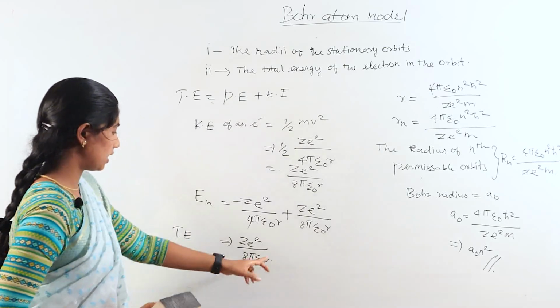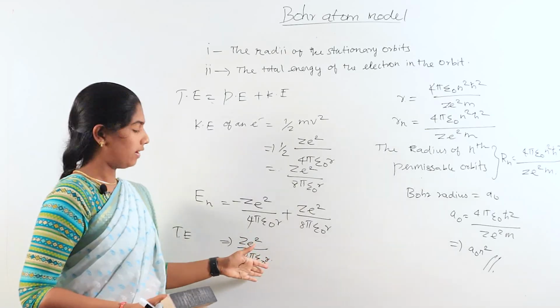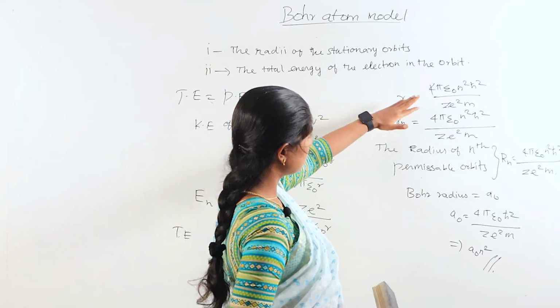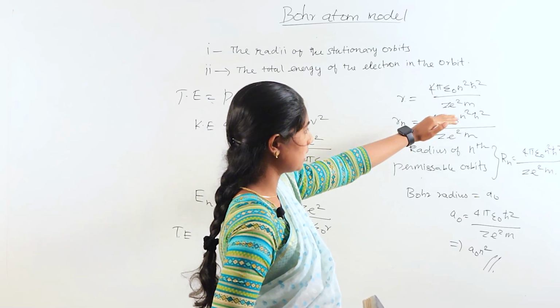And one more thing, we have already found the r value. What is r? r is equal to 4 pi epsilon naught n squared h cross squared by Z e squared m.